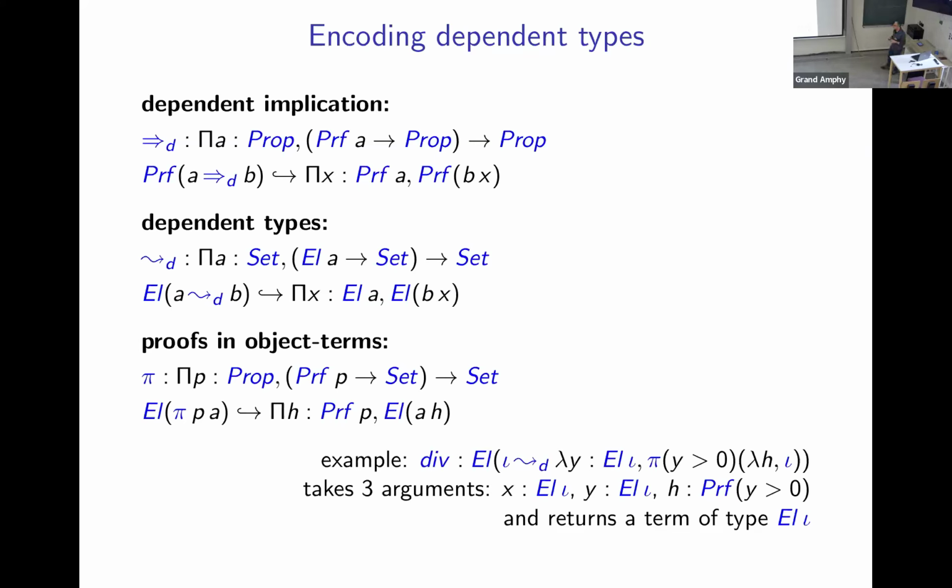So, for instance, if you want to have a total function for division on natural numbers, often what people do is they take three arguments. The first one, a natural number, the second one, another natural number, and they take a proof that the second one is different from 0. And then return an element.